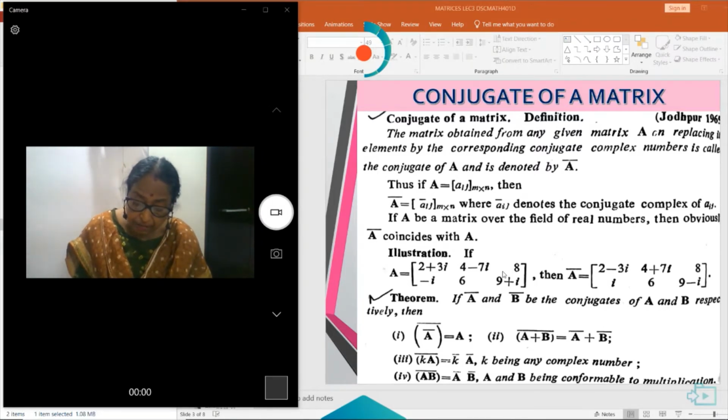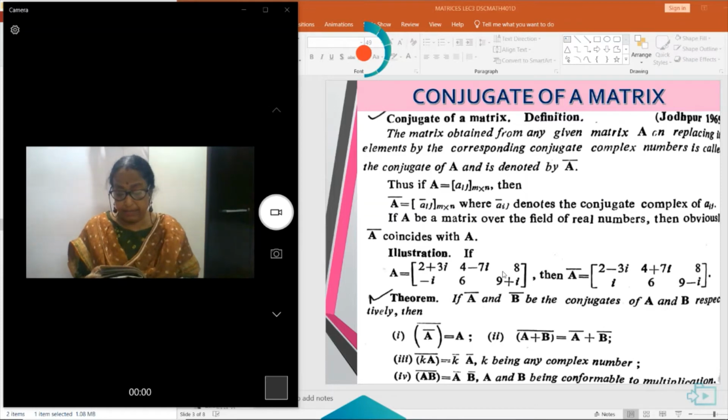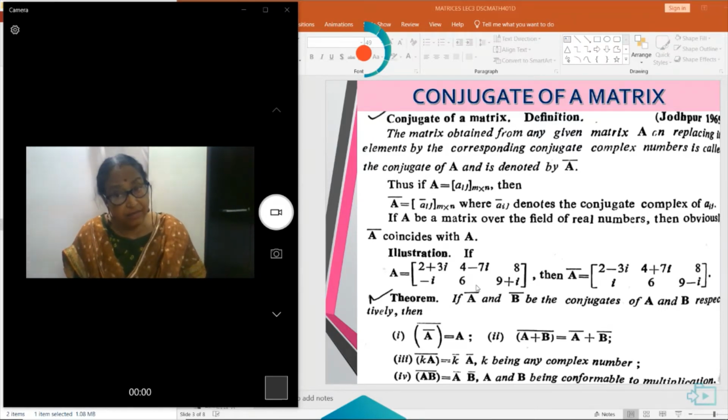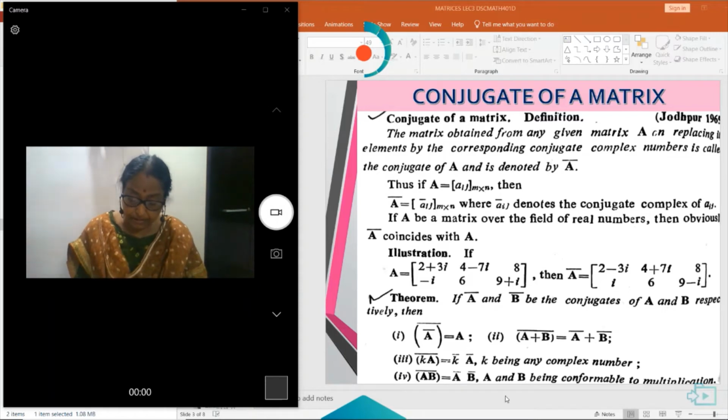And the conjugate of k into A is equal to k into A bar, k being any complex number, and the conjugate of AB is equal to A bar into B bar, A and B being conformable to multiplication.